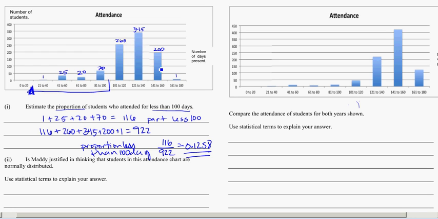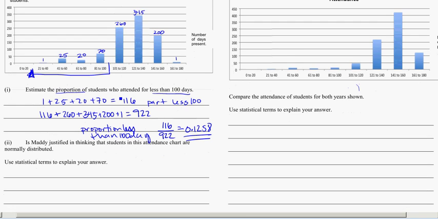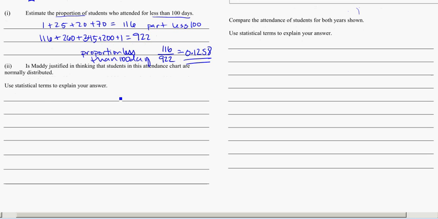Another thing to notice is that most of the data points are near the mean, and the tails on both ends drop away towards 0. So if I was going to talk about this, is Maddie justified in thinking students are normally distributed here? I might say it is not perfectly normal, but fairly close.